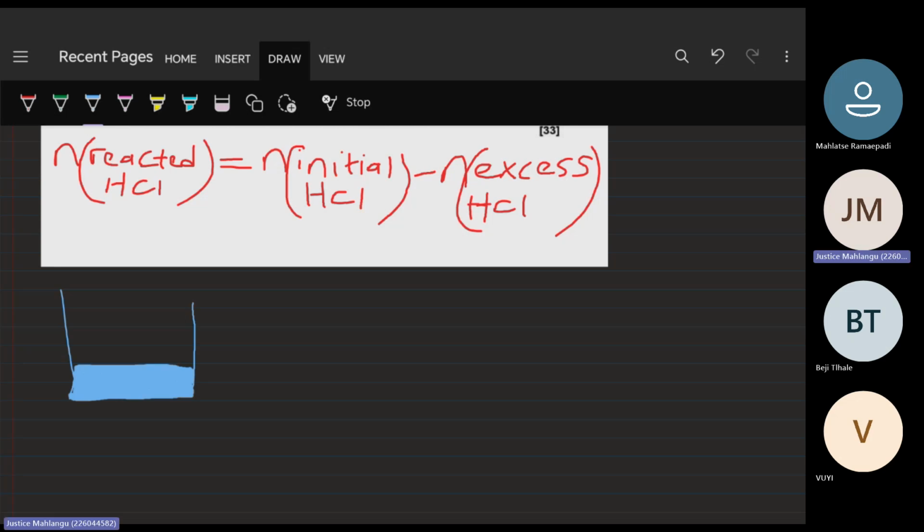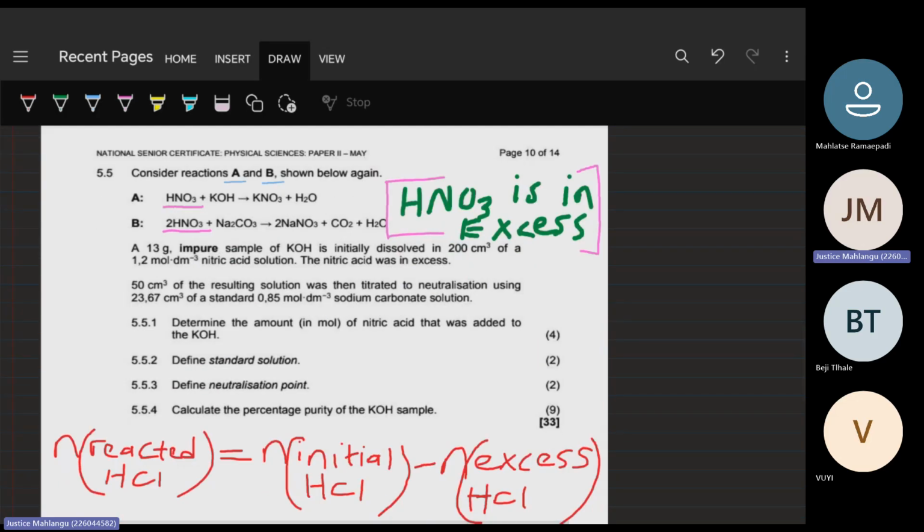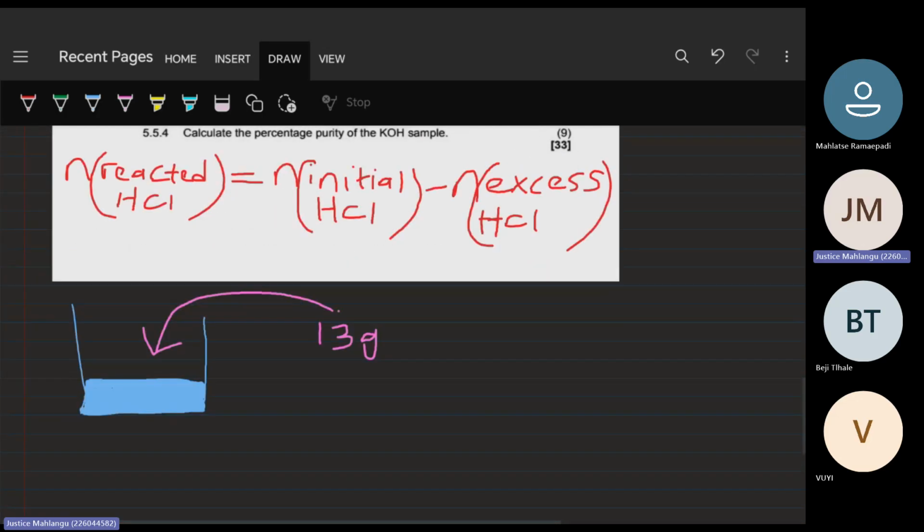This is my nitric acid. And then what am I adding? They're saying they're adding what here? 13 gram. 13 gram of who? Of impure. 13 gram of impure sample of potassium hydroxide. So that's what they're adding there.